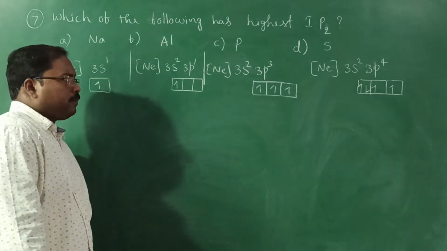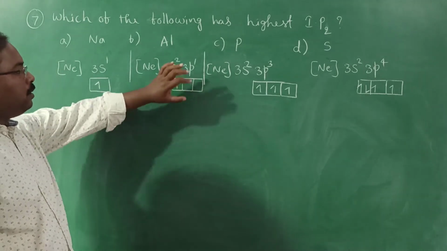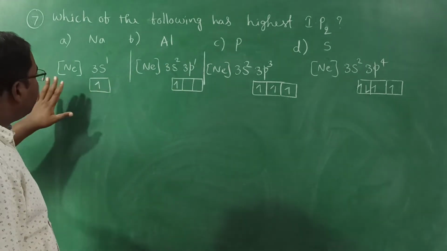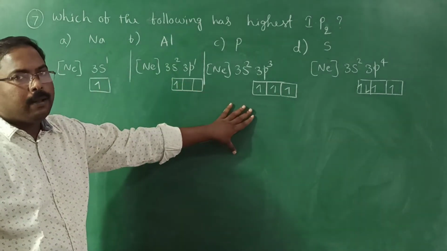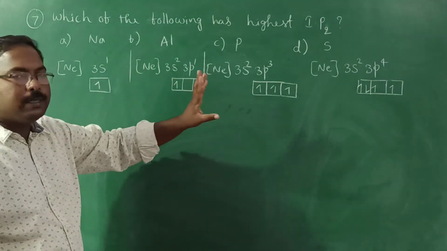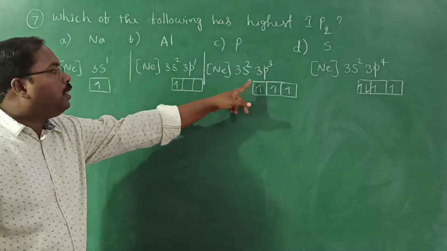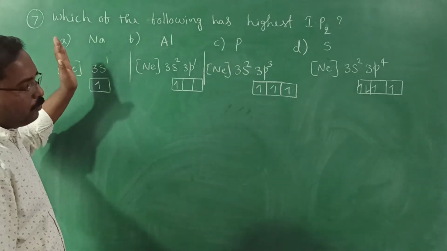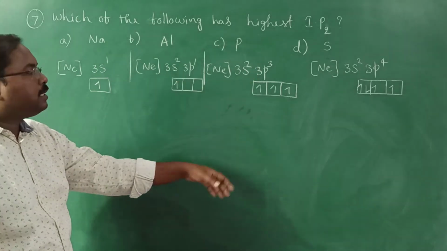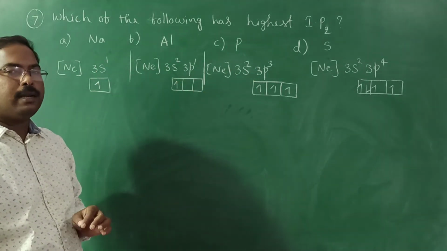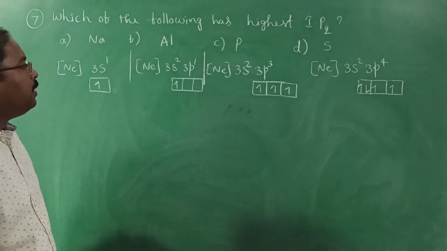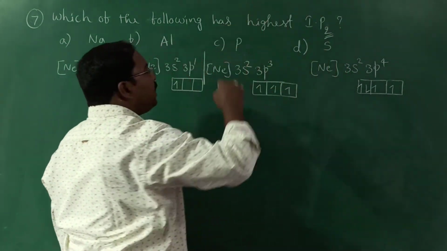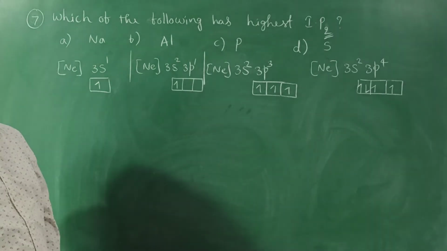Now, if they ask the first ionization potential value, all these belong to the same period, the third period elements, with electrons in the 3p orbital. So from left to right, IP values increase, and we can choose based on that. But they are not asking about first ionization potential, they are asking about the second ionization potential.